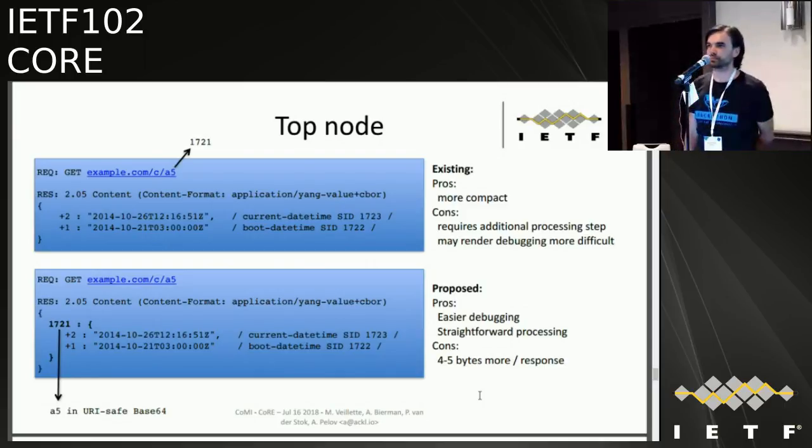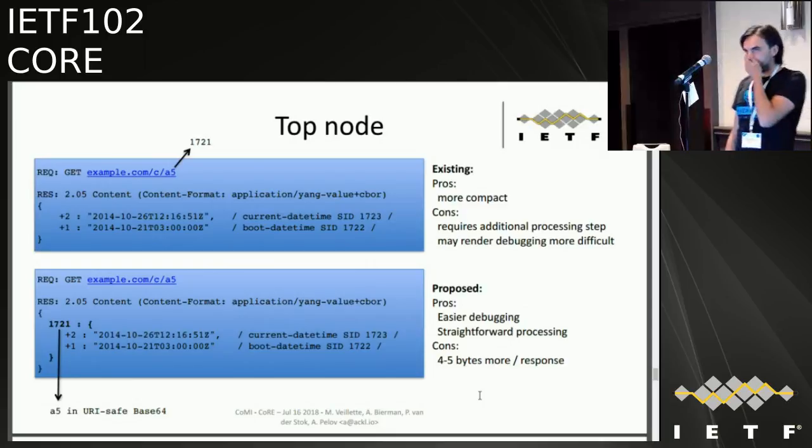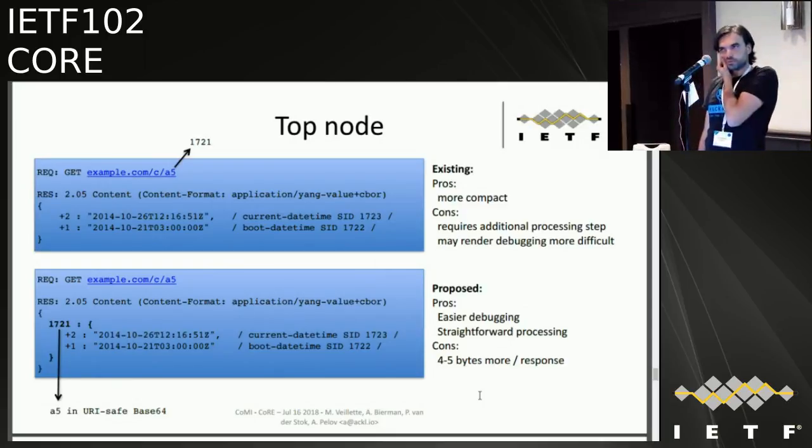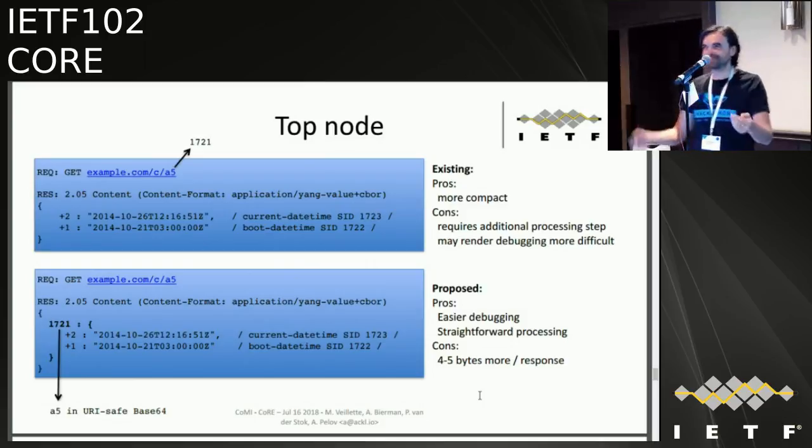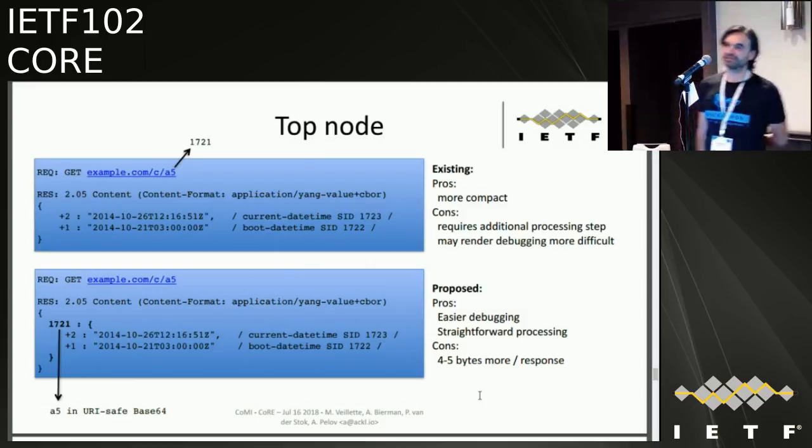Carsten Bormann from the floor. I'd like to fix your wording a little bit. There was no ambiguity in the existing proposal, but we missed one requirement, which is that you can rip these payloads out of their context and still do something useful with them.